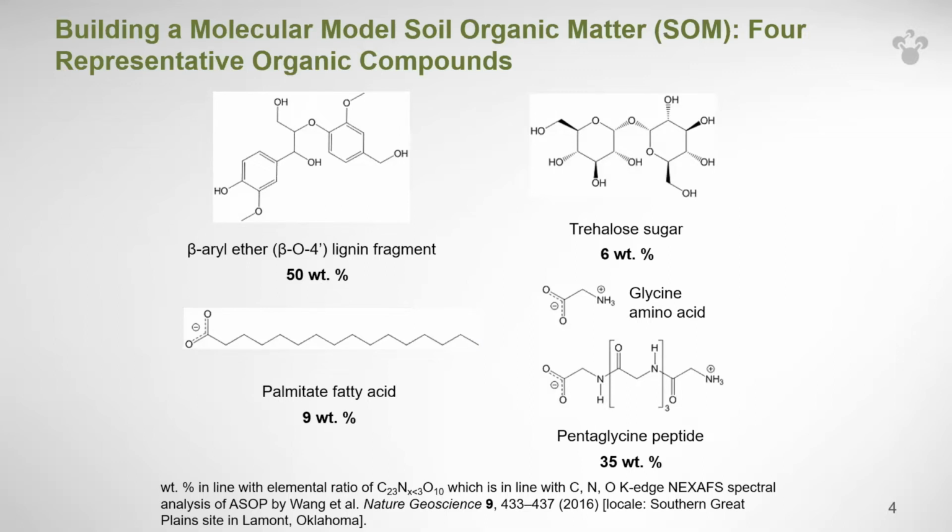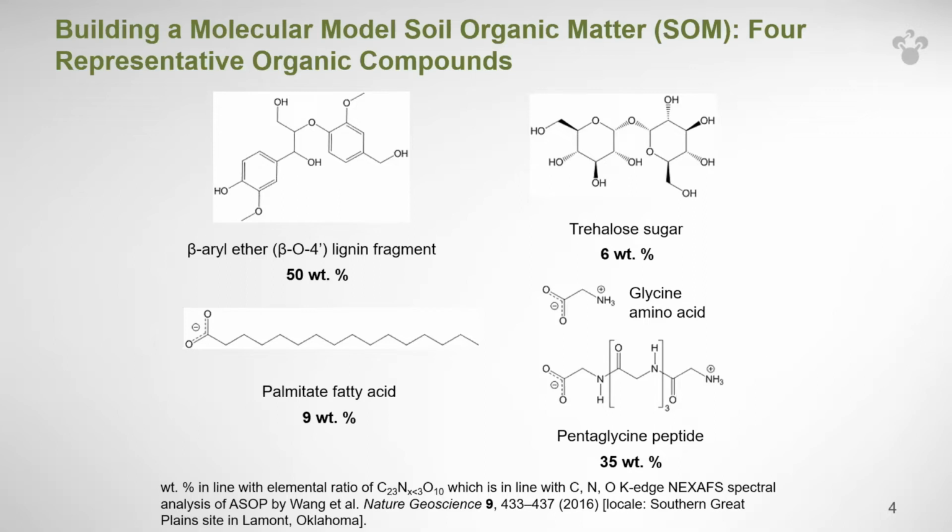Trehalose sugar, which is a common osmolite sugar that is produced by microbes. Palmitate fatty acid lipid, which is also commonly produced by microbes, and pentaglycine peptide, a very simple representative for the protein amino acid or peptide group of compounds.